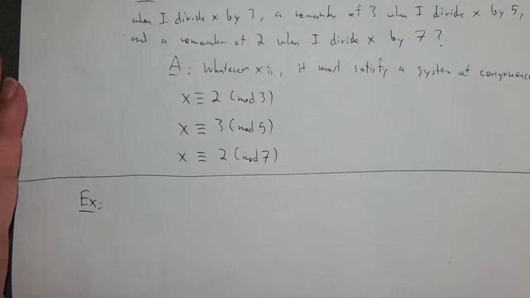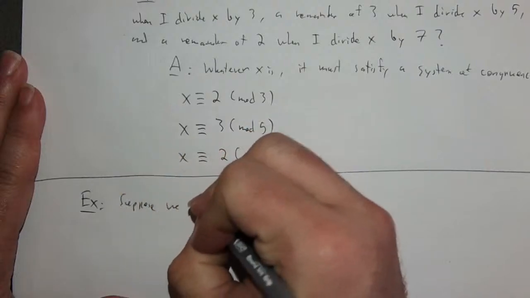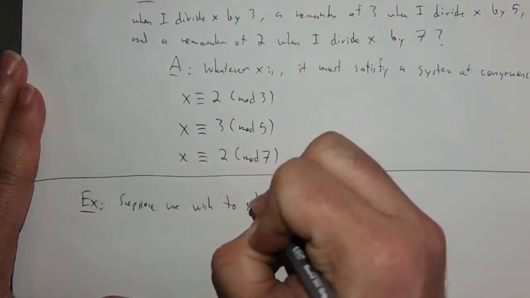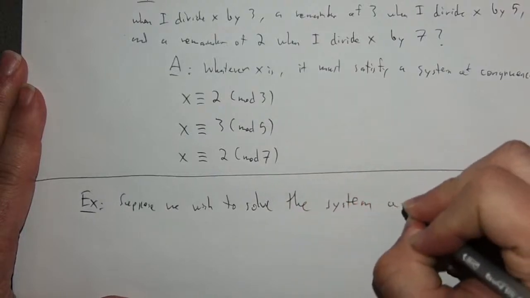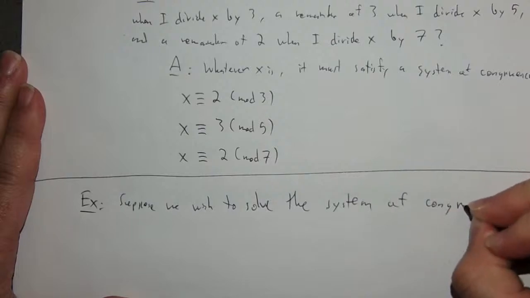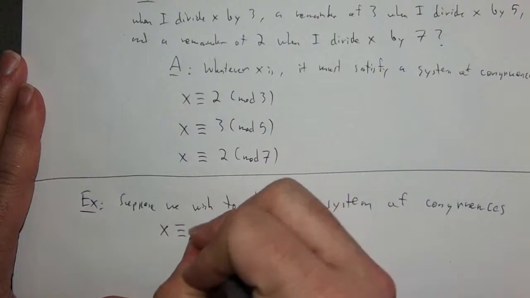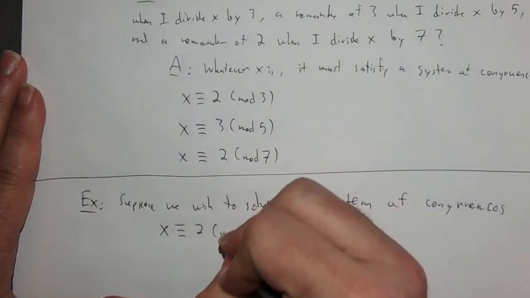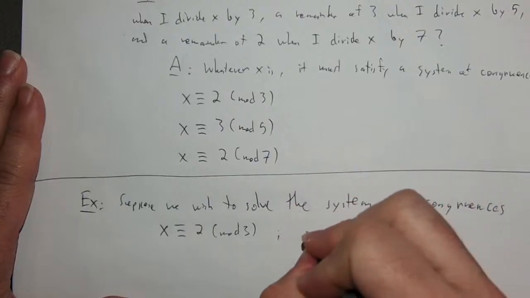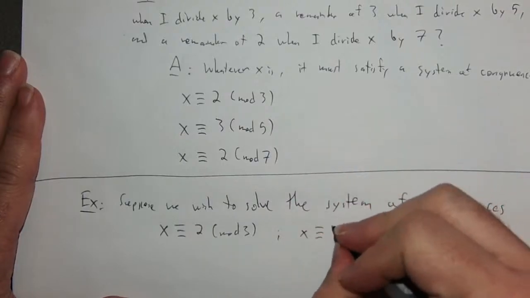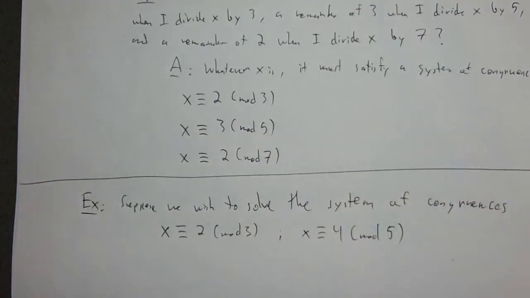So suppose we wish to solve the system of congruences: x is congruent to 2 mod 3 and x is congruent to 4 mod 5. Okay.